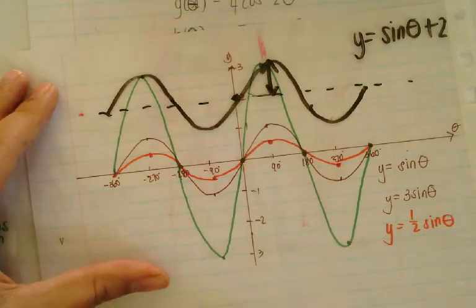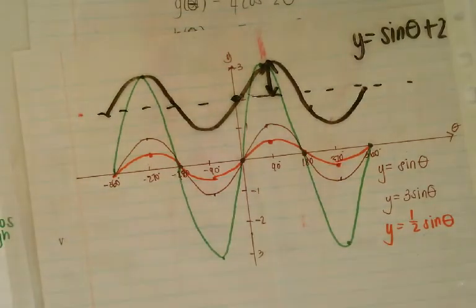The last thing that I want to show you is what a change in period does. If an amplitude stretches and squashes that way, a period change would stretch and squash that way.